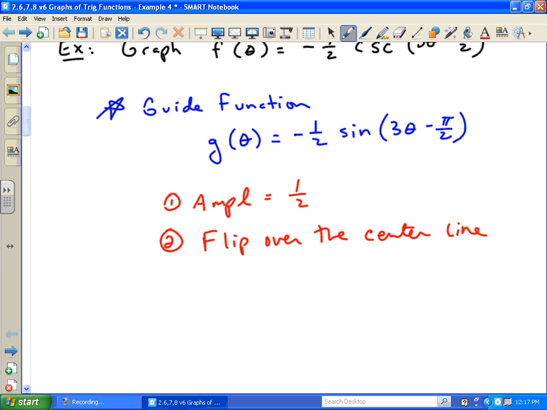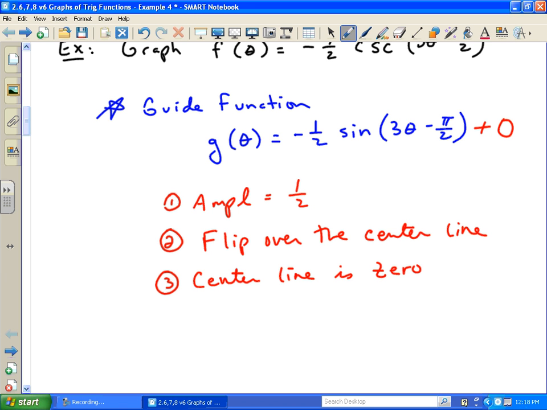The negative here just says that whatever the center line is, I'm going to be flipped over that center line. Now the center line, we don't have a value at the end, so we'll say it's plus 0, so we know that the center line is just 0. That's what it normally is when I graph my basic trig functions.